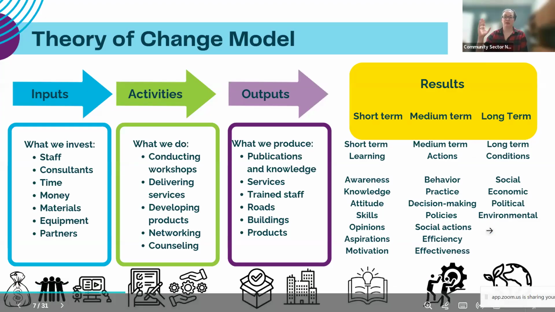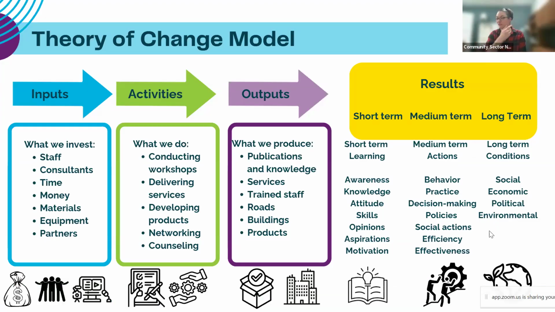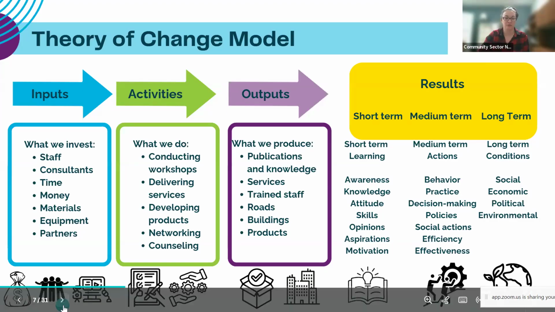So most importantly, the take-home message with theory of change is we identify that long-term outcome first, and then we work backwards. And then by the time we get to the start, we have a forward-looking model that we've generated.